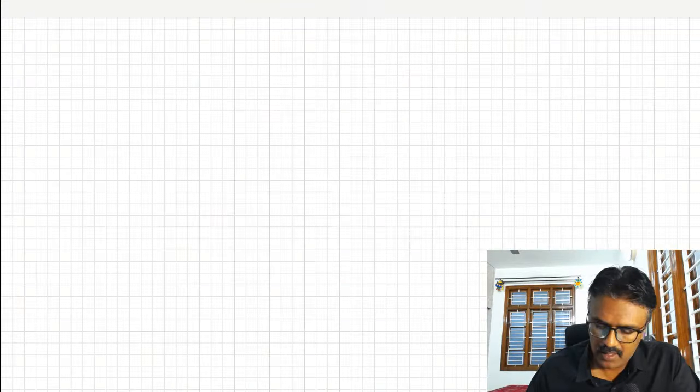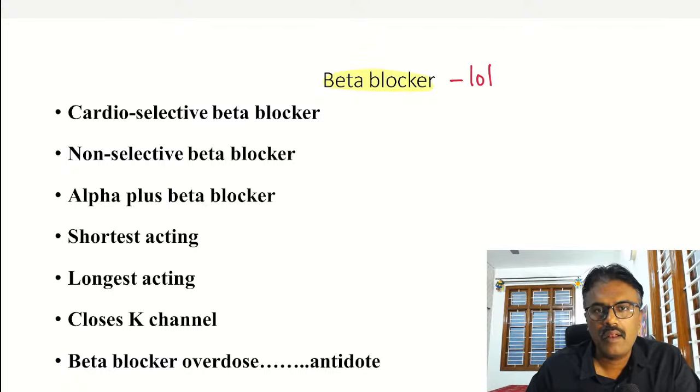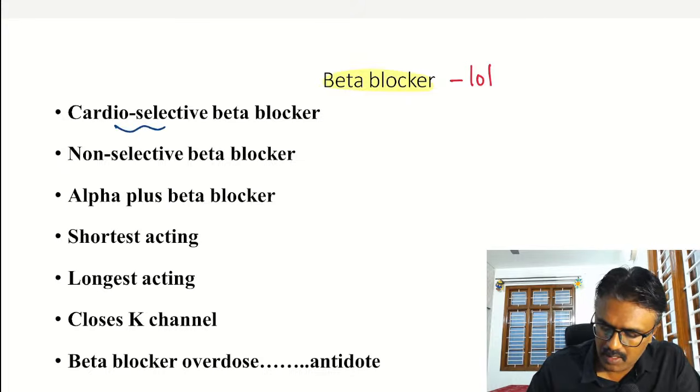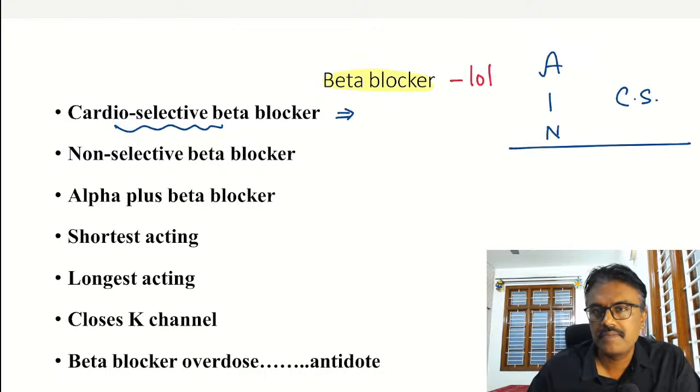Now the next thing we need to understand is beta blockers. How do you understand beta blockers? All the beta blockers end with lol, atenolol, acebutolol. But which one is a cardioselective beta blocker? A simple understanding is any beta blocker whose name starts from A to N, they all are cardioselective beta blockers.